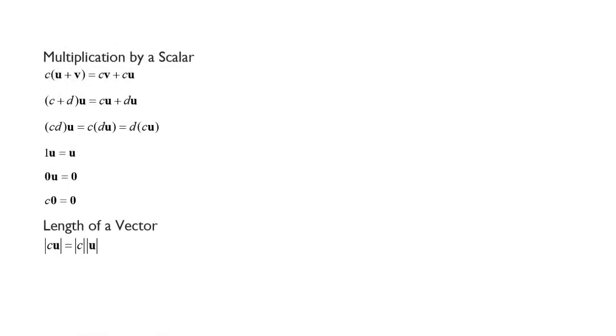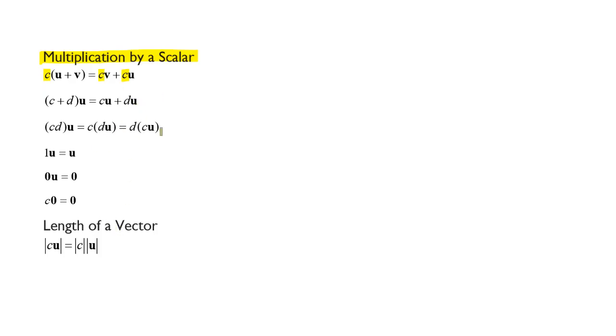And now finally we'll have the rules for multiplication by a scalar. If you scale something with a constant out front when you add two vectors together, it's equivalent to distributing that scalar to both vectors. And if you add two scalars together and multiply it by the vector, it's the same as distributing the first scalar to the vector plus the second scalar multiplied to the vector.